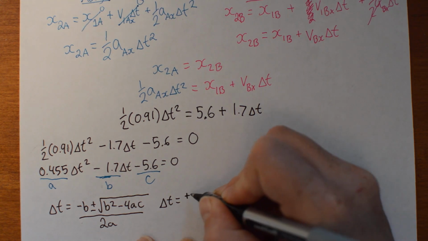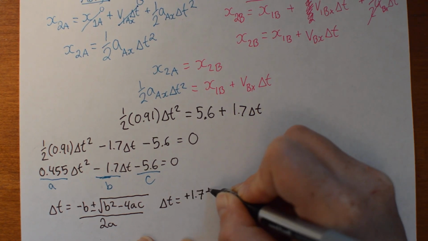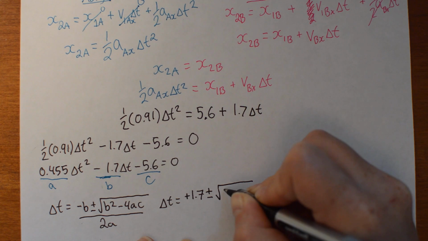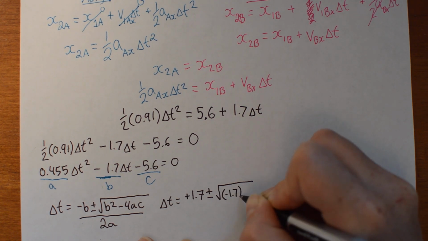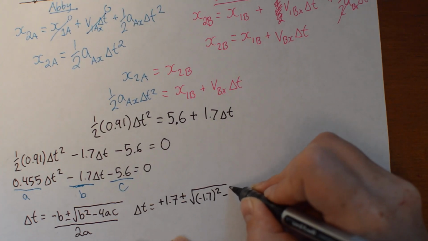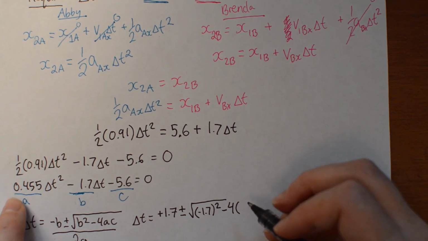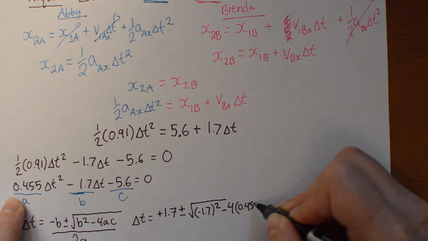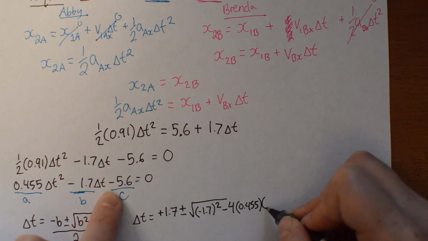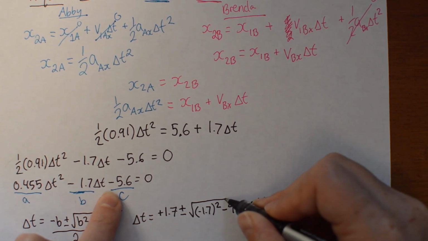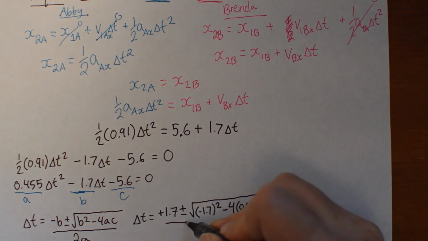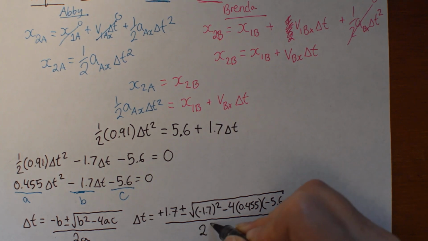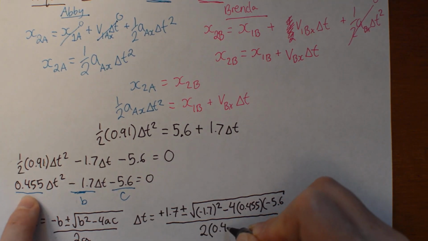Negative negative is a positive 1.7, plus or minus the square root of b squared, so the negative 1.7 squared, minus 4 times a, 0.455, c is negative 5.6, all divided by 2 times a, 0.455.